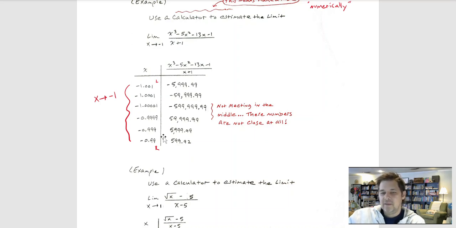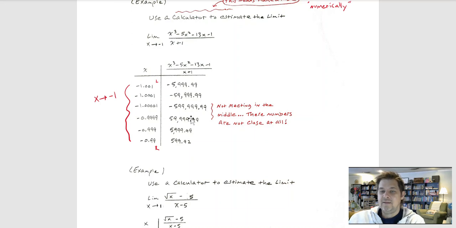But then on the right-hand side, it's pushing to 59,000. So this progression is not going to meet this progression somewhere in the middle. They're not headed to the same place, okay?